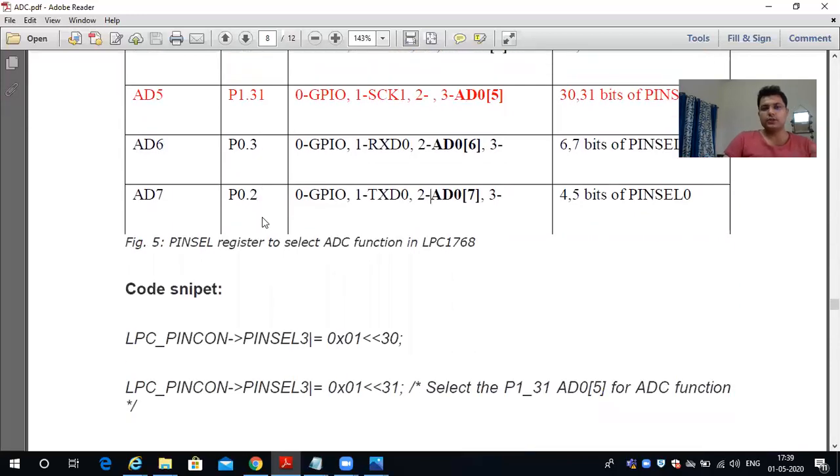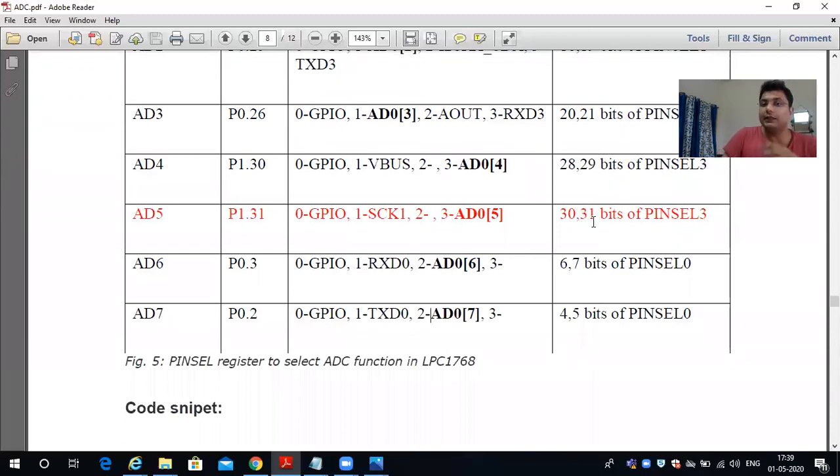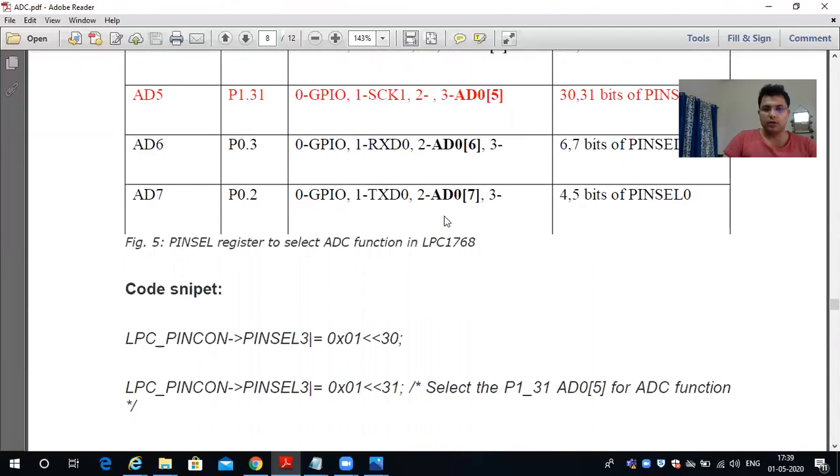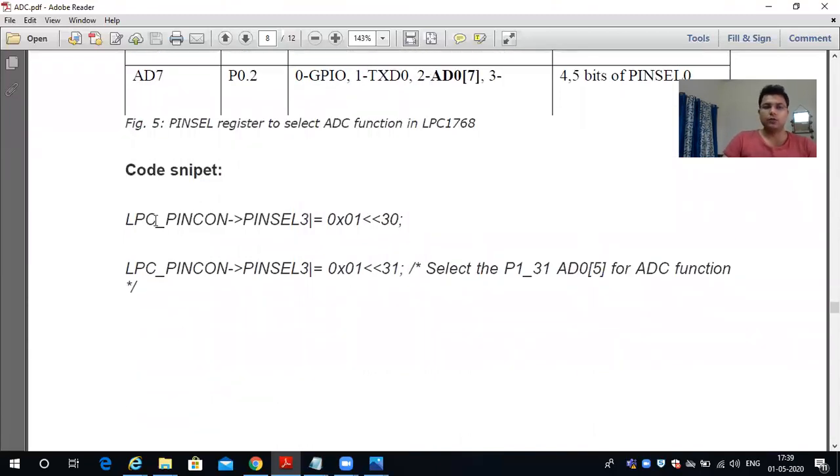In this situation, what we need to do is make the 30th and 31st bits have the value 3, that means 1 1. Exactly the same thing we are doing here in pin select 3. On the 30th bit we are writing 0 1, and on the 31st bit once again we are writing 1. So the 30th and 31st bits become 1 1.